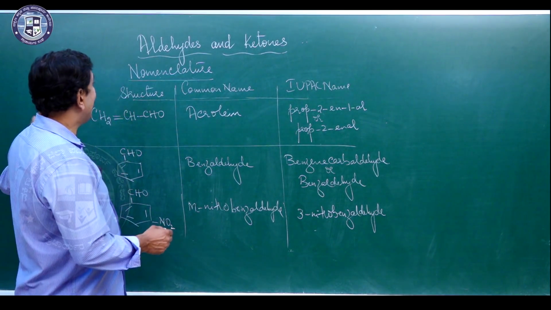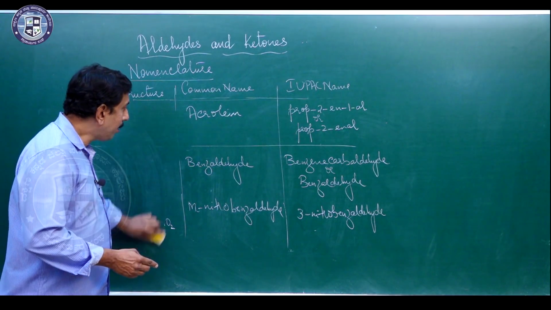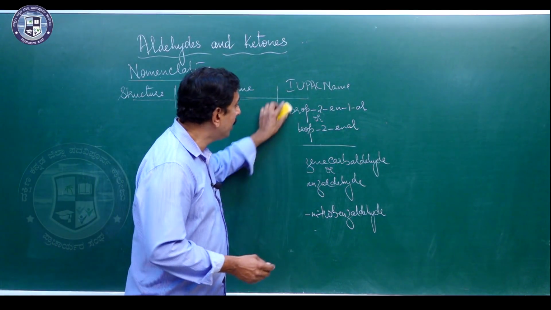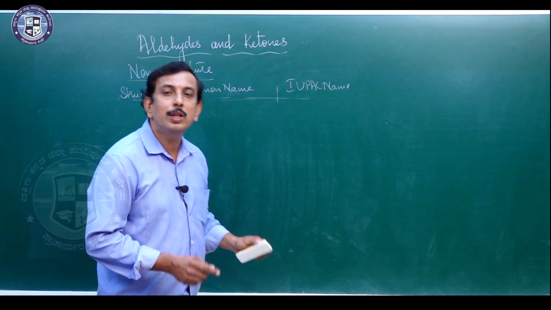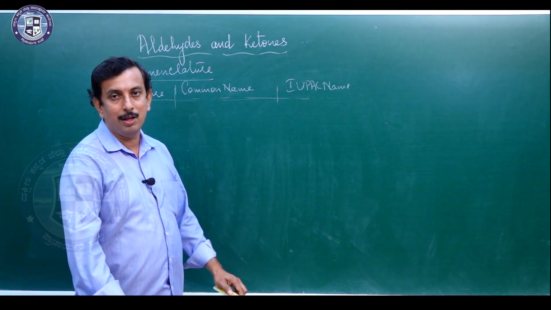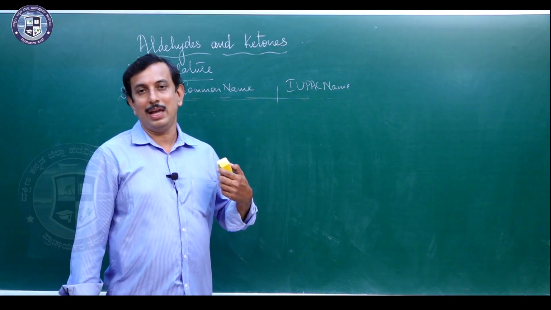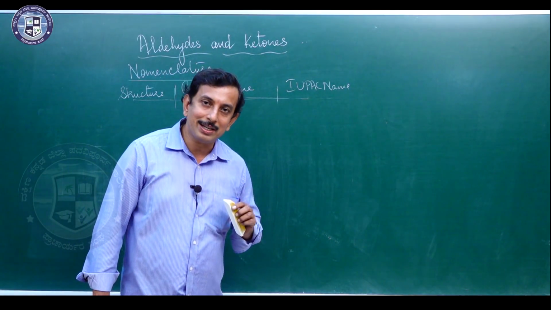Now, coming to the second category of nomenclature, that is about the ketones. As I already told you, ketones are another category of carbonyl compounds in which the carbonyl carbon or carbonyl group is attached to 2 carbon atoms. Now, in these ketones, again we have got simple ketones and mixed ketones, or symmetrical and unsymmetrical.